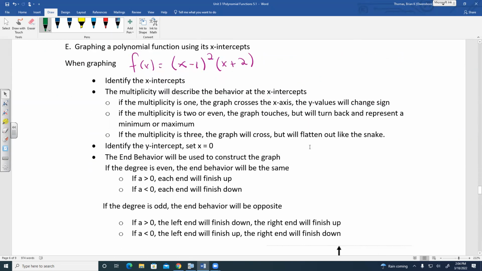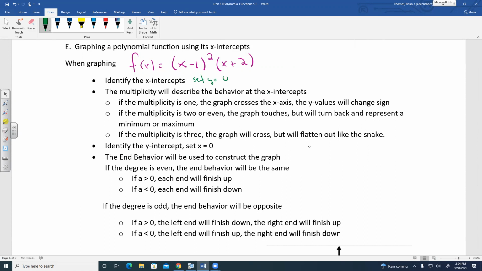So the next thing we get into is graphing a polynomial function using its x-intercepts. So in graphing f of x equals x minus 1 squared times x plus 2, what we can do is first identify the x-intercepts. Okay, we're going to do that. So to find the x-intercepts, remember you have to set y equal to 0.